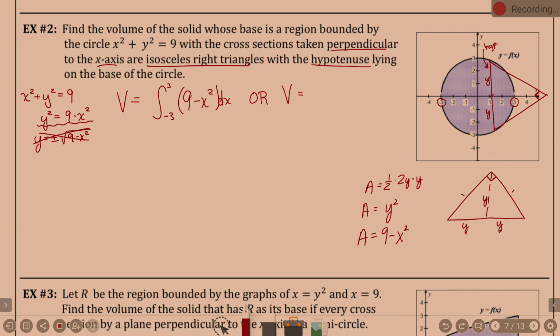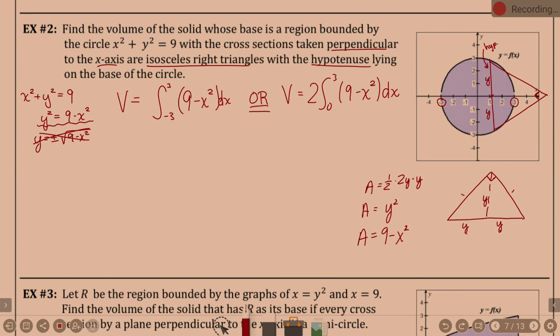Okay, 2 times the integral bounded 0 to 3. That's what I'm looking for. Is it symmetrical? We have two symmetric halves, yes? We don't have to question that. That is a symmetric circle, negative 3 to 3, no question about it. So you can do either of these. It's an either or option. You're integrating the same thing both times.